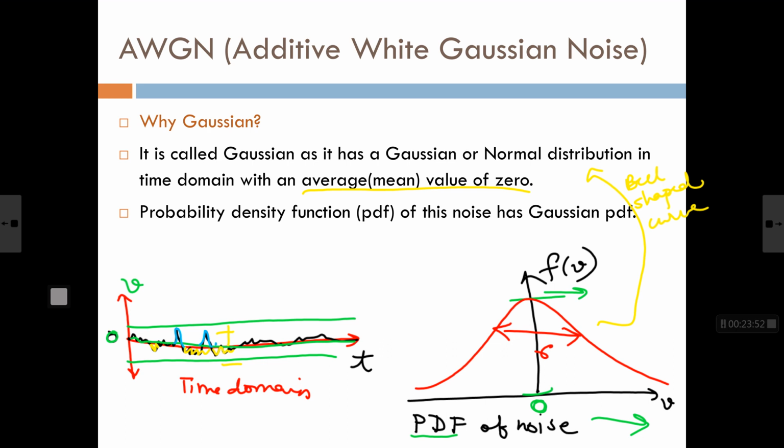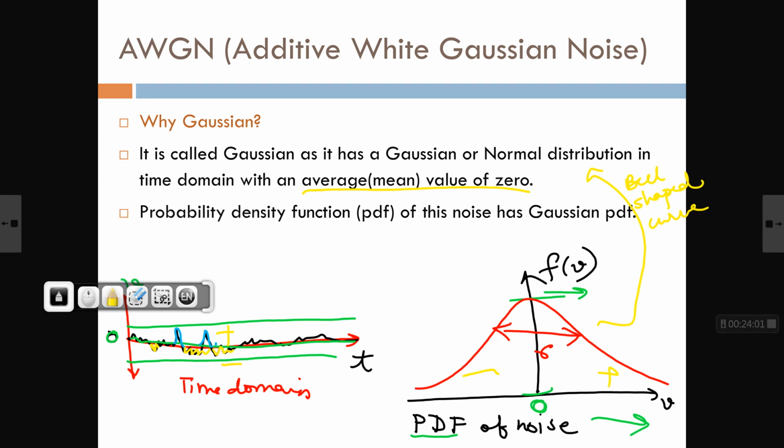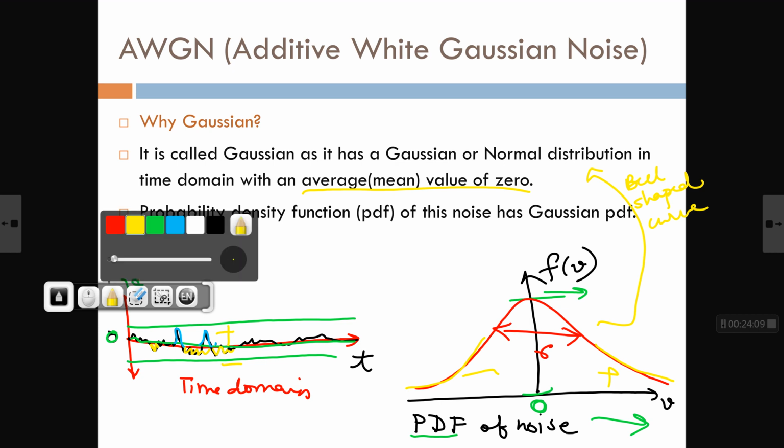As the value of the volts increases on both sides, the positive side or the negative side, the noise voltage goes on reducing. Now what is the equation for the Gaussian PDF?